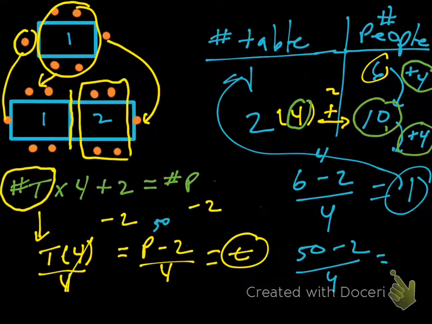Then you can do that math and get a sense of what that's going to be. 50 minus 2 is 48, and 48 divided by 4 gives you 12. So you need 12 tables, 12T.